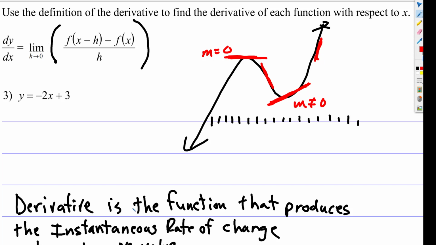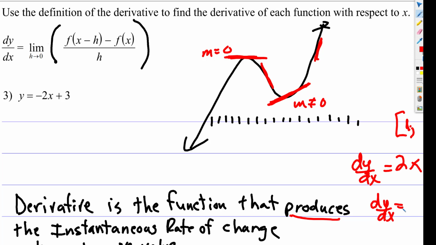So the derivative is the function that produces the instantaneous rate of change. And what I mean by produces, let's say this is the function 2x and our leftmost point is 1, you would plug 1 into the derivative, and then you would see that the instantaneous velocity or slope of the tangent line would be 2.